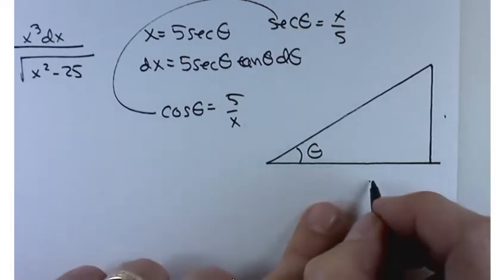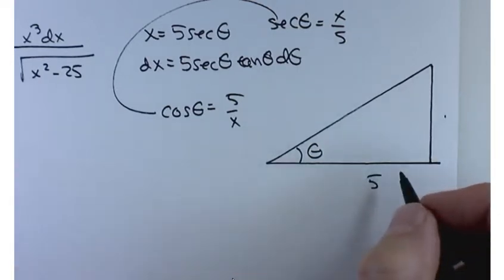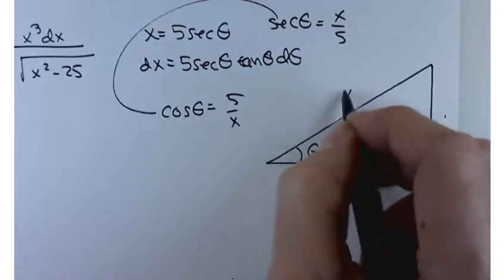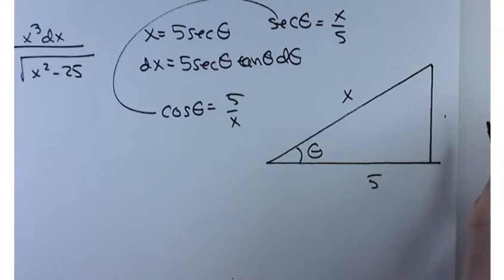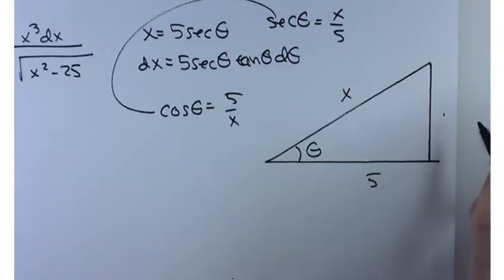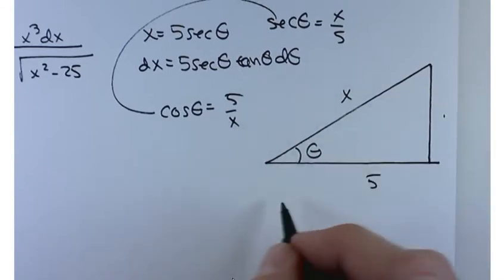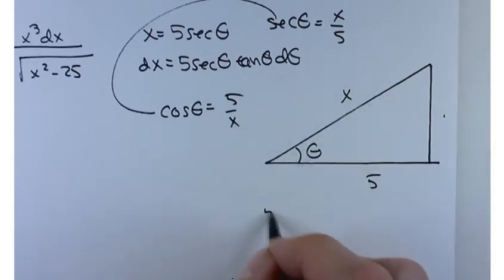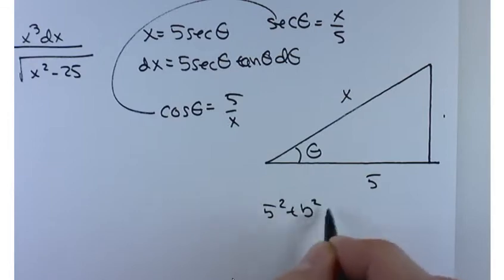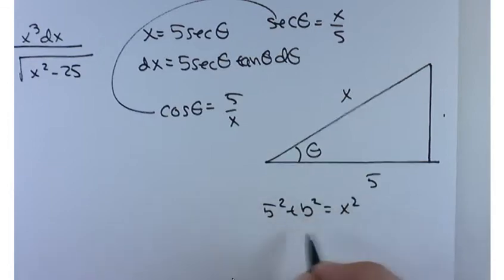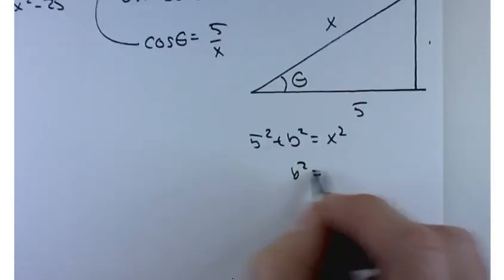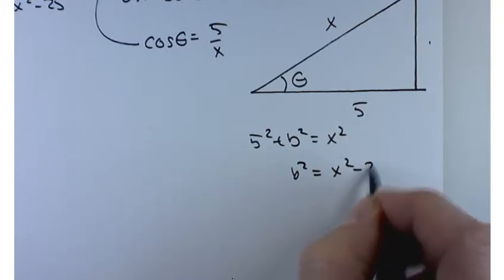And then what else can I label? Hypotenuse, which should be x. So let's figure out what this side is going to be. You're going to get 5 squared plus b squared equals x squared, or b squared equals x squared minus 25. B equals the square root of x squared minus 25.